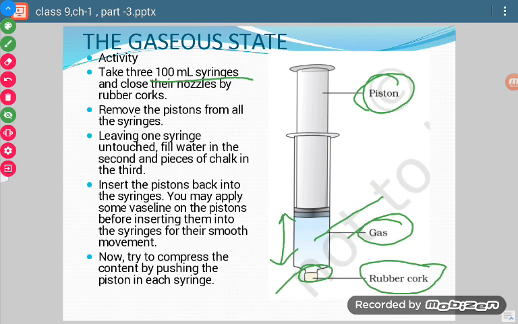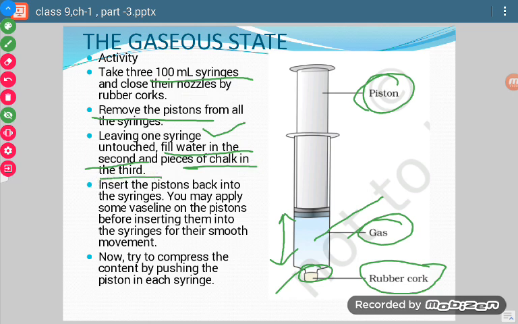Okay, now what we will do, we will take 3 syringes, leaving one syringe untouched. One syringe we will keep untouched, and from the other syringes we will remove the pistons. Okay, then in one we will do nothing, in the second we will add water, and in the third we will add chalk powder.